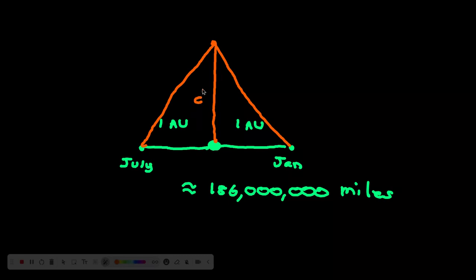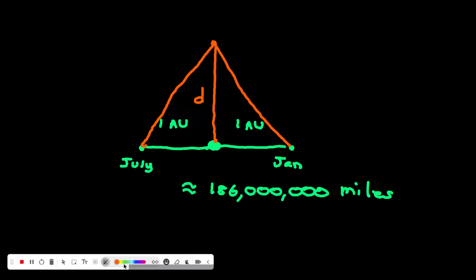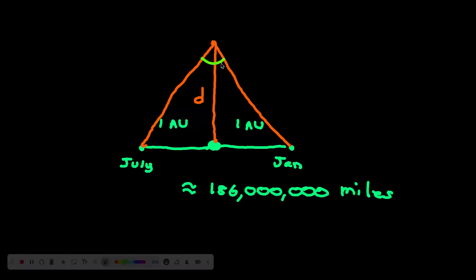And we're trying to find the distance, D. And this right here, this angle, this is angle P, and that is the parallax angle. Of course, we want half of it in trigonometry.